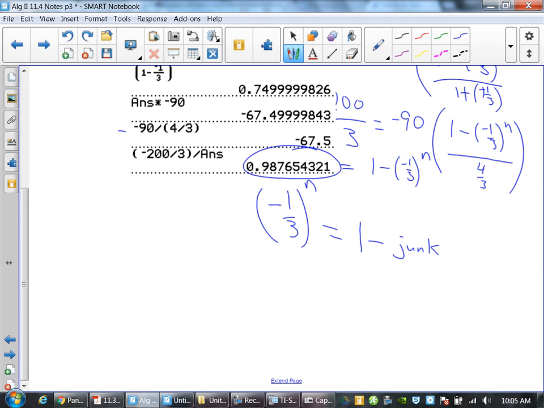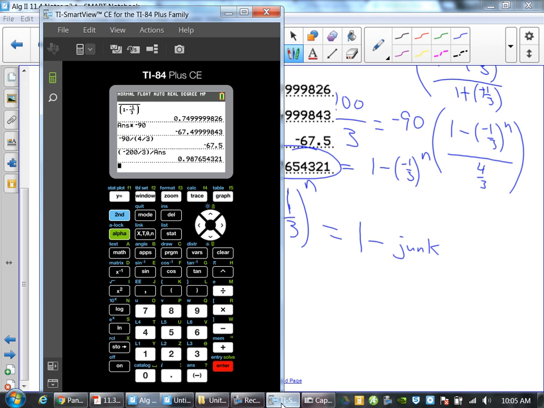So in order for us to be able to do this, I know that if I just eliminate that for right now, I know I have to get an even exponent to make it work. So if we log base all this, it should work. So if I take 1 minus my answer, look what that is now.